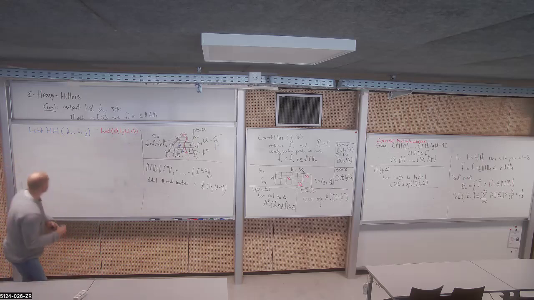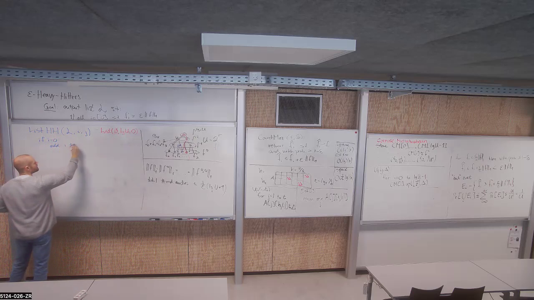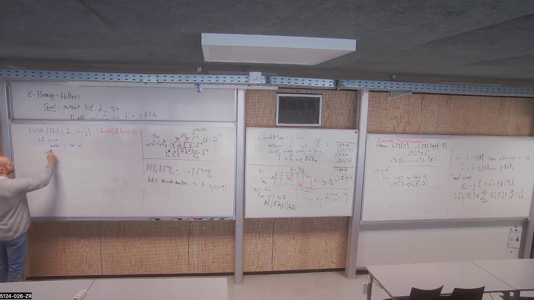I'm going to swap the order a little bit to be more natural. If we're already at the bottom, just add j to L and return. Otherwise, we're internal, and the left child is 2 times j, the right child is 2 times j plus 1.